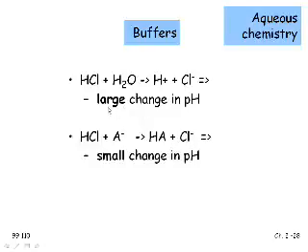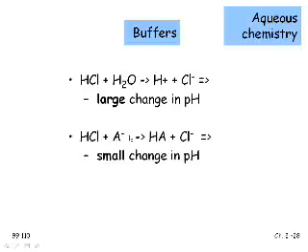If, on the other hand, that solution had in it a weak base, remember we said that the conjugate base to a weak acid is a weak base. So here's A minus. This is the conjugate base, might be acetate, something like that. Okay, the hydrochloric acid goes into the water. There's lots of water around. It dissociates into the protons and the chloride ions. But this is around to pick up some of those protons.